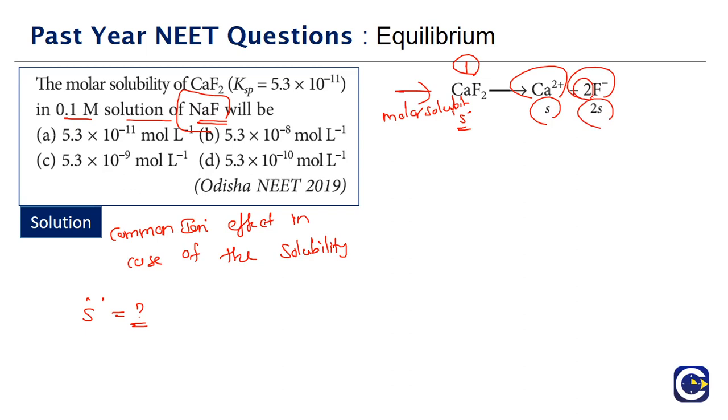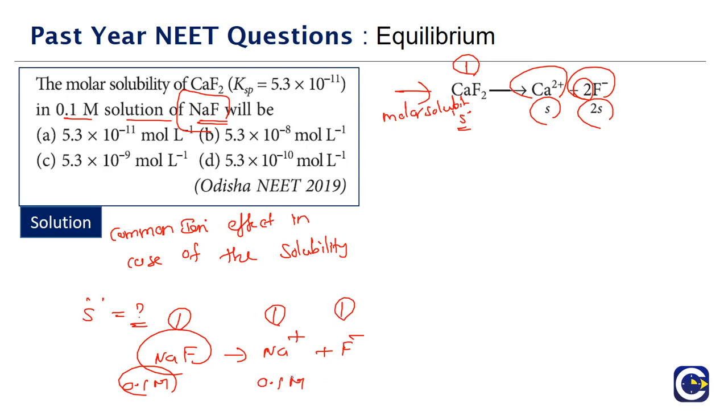Now here the thing is, the solubility of CaF2 is not happening in pure water, it is happening in the presence of NaF. NaF is of course a strong electrolyte. It is going to undergo complete dissociation. If we take 0.1 molar of NaF, then as per the balanced expression, because every one NaF molecule gives us one sodium ion and one fluoride ion, it is going to give us 0.1 molar of Na plus ions and 0.1 molar of F minus ions.